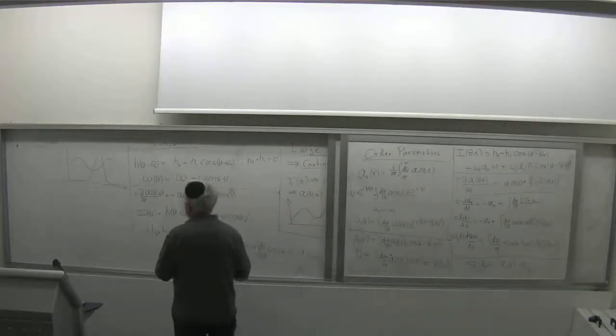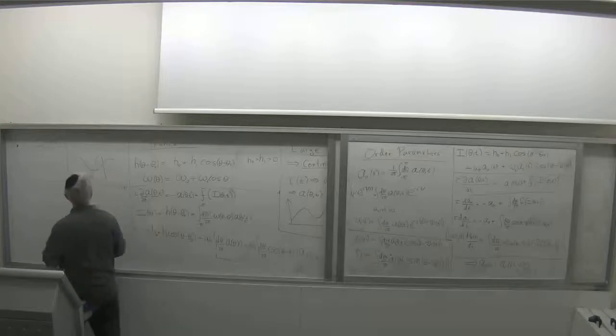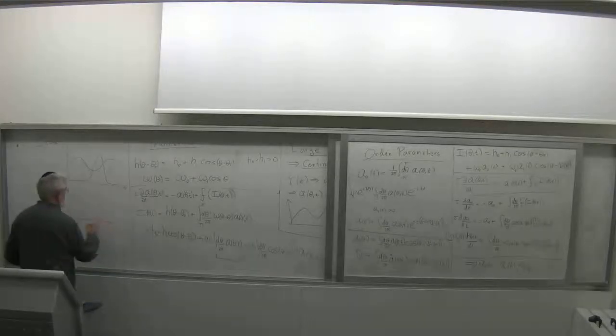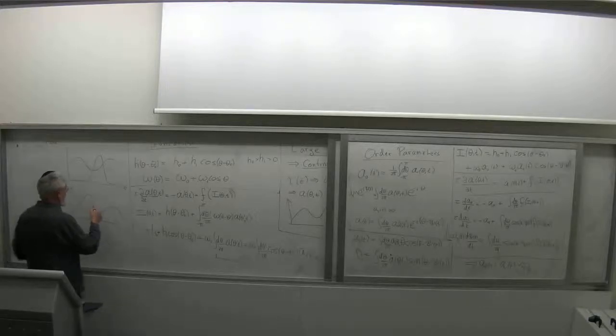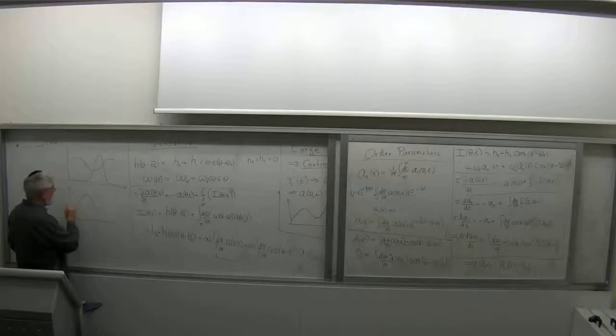Suppose I have some profile of activity, something like that. A0 is the mean activity, the mean over the network. A1 is the modulation. How different is the maximum from the minimum, for instance?